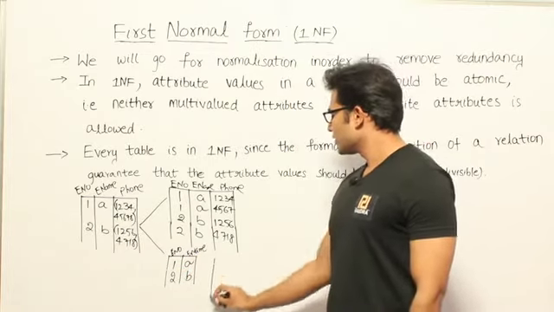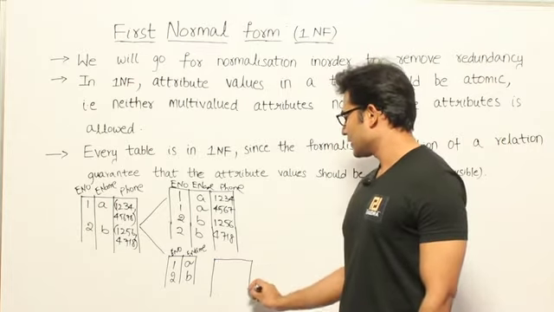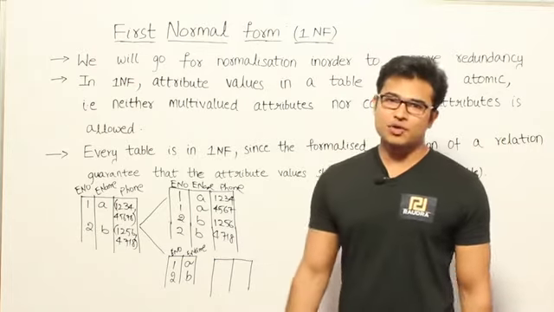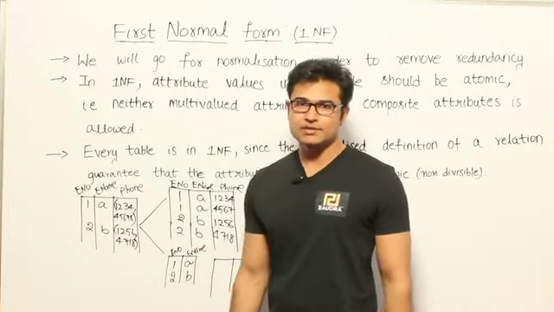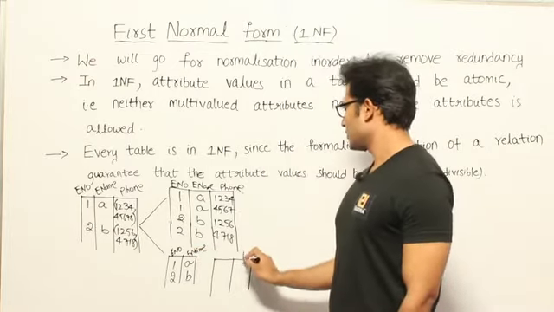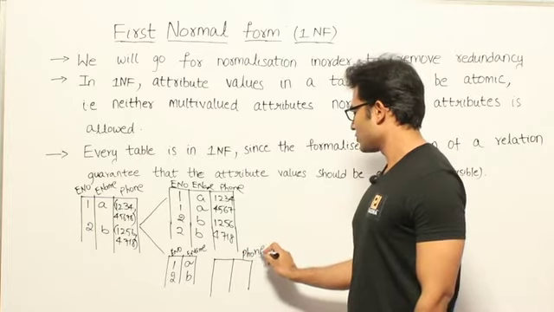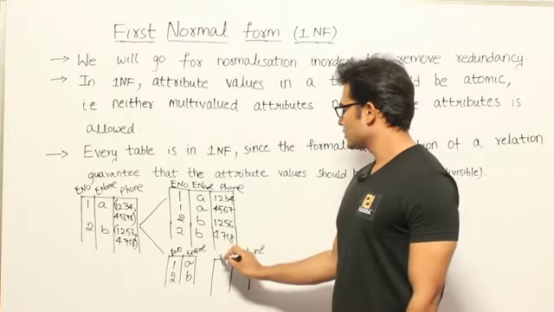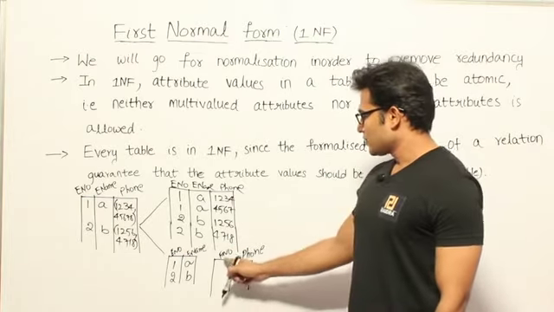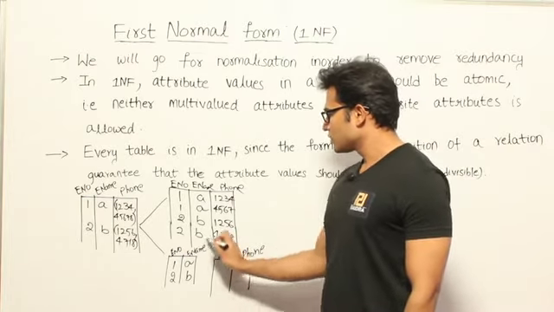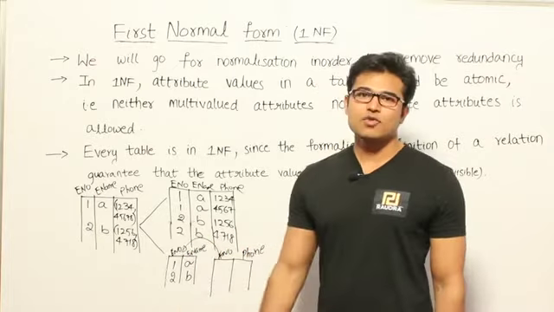Now in the other table, we are going to maintain the attribute which has created the problem, that is the multi-valued attribute, which is phone number in this case. So we are going to have one attribute phone number, and the other attribute is going to be employee number. This employee number should refer to the original primary key as a foreign key.